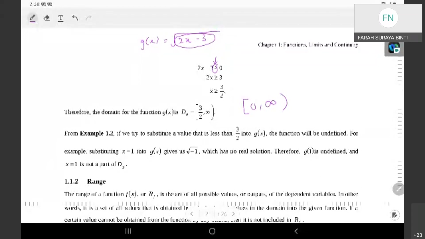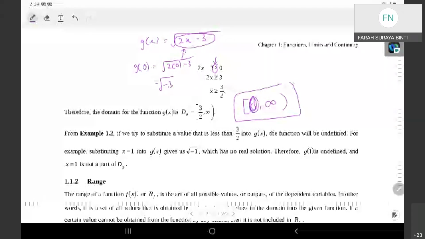Kalau tak boleh negative numbers maksudnya number starting from 0. Tapi kita tak boleh tulis domain dia macam ni. Sebab kalau 0, cuba awak masukkan 0 dalam x. Jadi apa? 2 darab 0 tolak 3. So, kita still dapat negative number kat dalam tu. So, 0 ni bukan dia punya domain.